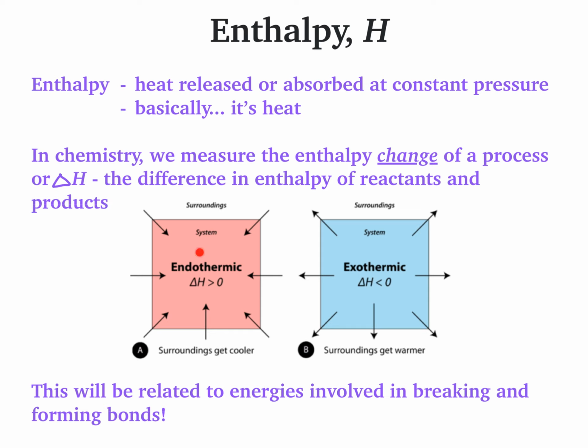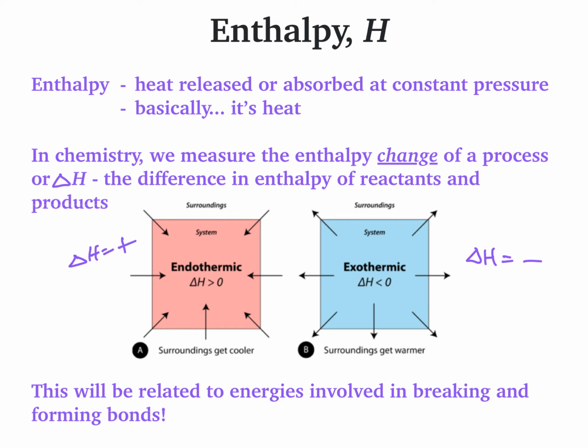So you can see that endothermic processes have a delta H greater than 0. That means that delta H is positive for endothermic processes, whereas for exothermic processes, delta H is going to be negative. And again, what we're really doing in reactions in particular, of the 3 changes that we'll look at, is that difference between the reactants and the products.